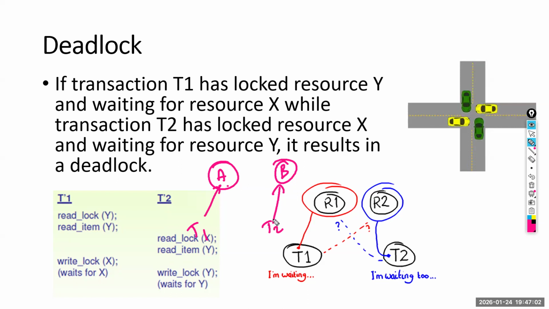Both are looking at each other. Locks are usually released at the end of the transaction, but T1 cannot end its transaction, therefore it can't release A. T2 cannot finish its transaction, therefore it cannot release B. Each one is waiting for the release of the other's lock.